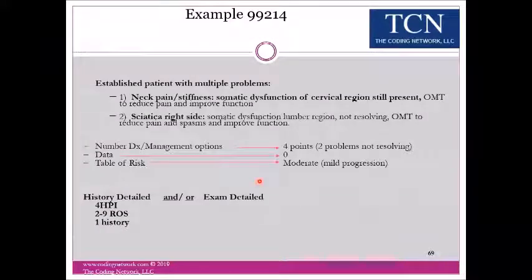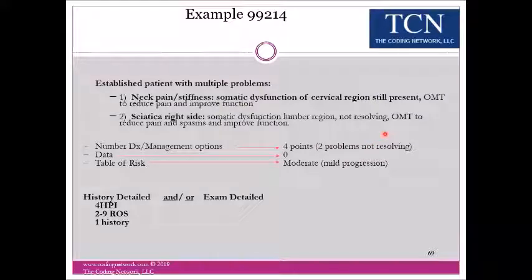Whereas your 99214, again, we're starting with medical decision making. We've got these 2 problems that they're not really stable or they're not really resolving. This patient is still symptomatic, not resolving. Got a total of 4 points, 2 points per problem that is not resolving, is 4 points on that first table.